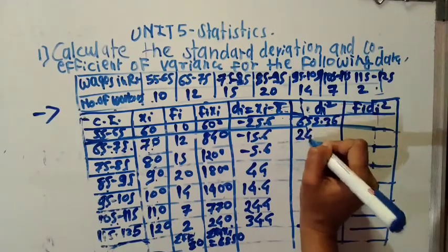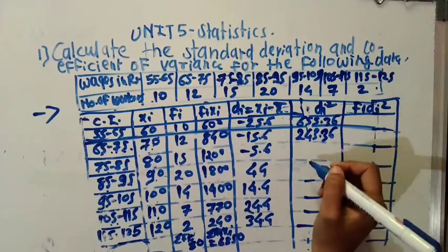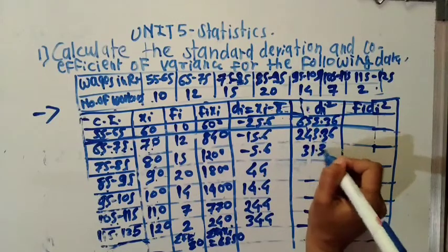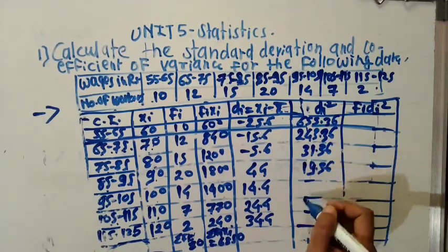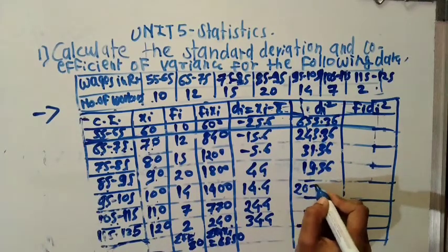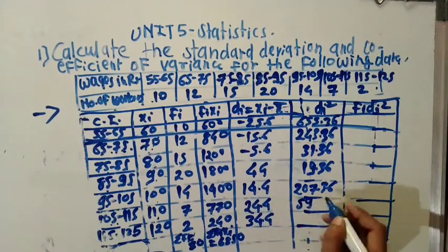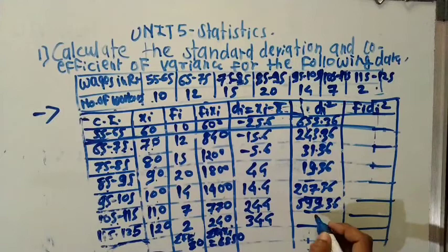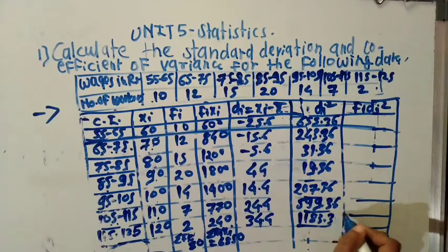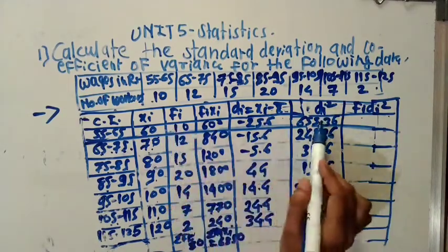Then 243.36, this square is 31.36. Then 0.36, 207.36. Then this square is 599.36. Then 1183.36.